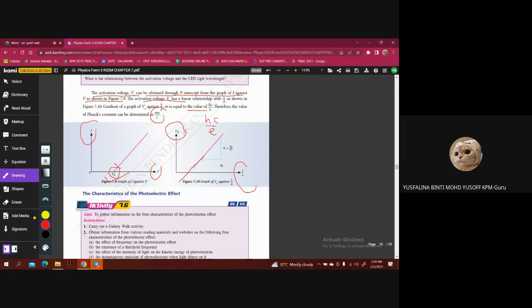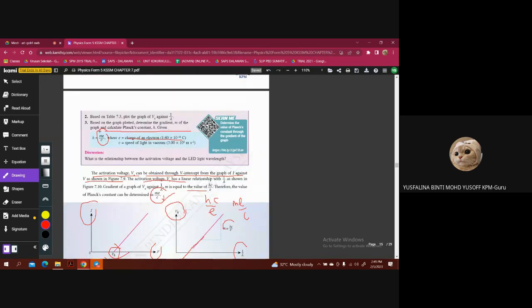And for the activation voltage against 1 over lambda, you will get a linear relationship. The gradient is actually equal to the Planck constant. Therefore the value of the Planck constant can be determined using this formula.